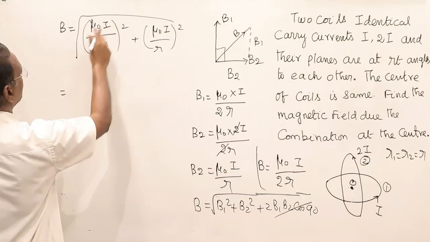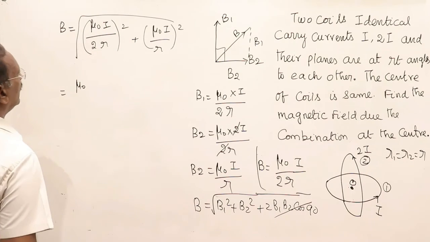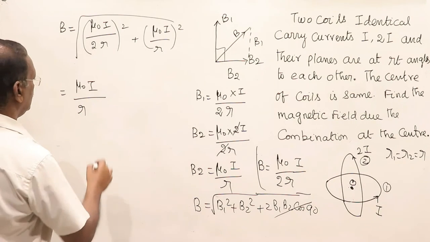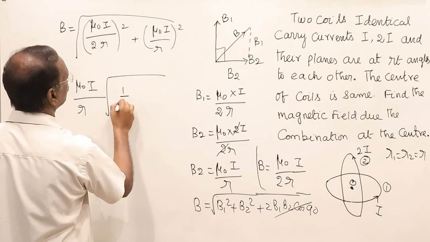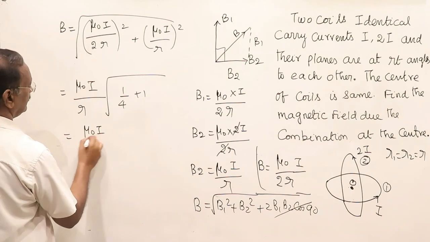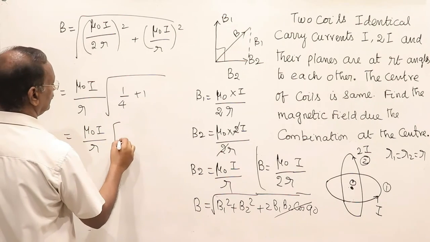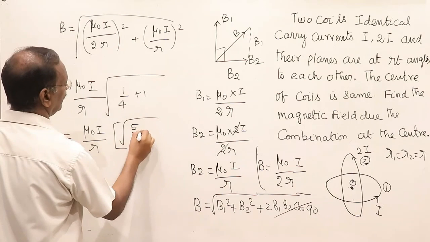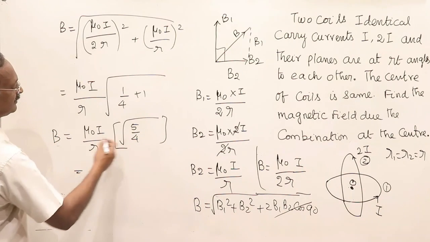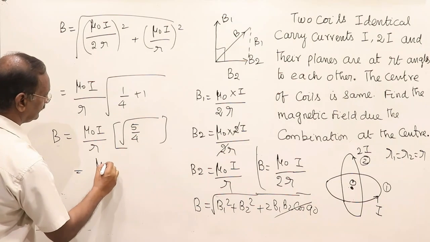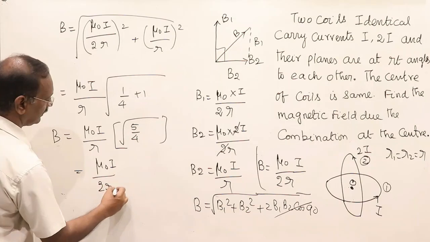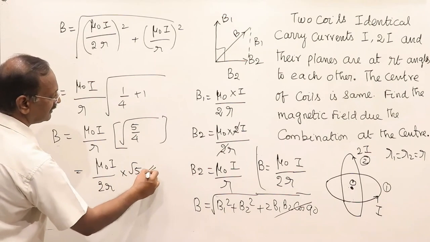We can take mu naught, I and R out, into the square root of 1 by 4 plus 1, which is equal to mu naught I divided by R into the square root of 5 by 4. This is the resultant magnetic field. We can write it as mu naught I root 5 divided by 2R, since root 4 becomes 2. This is the resultant magnetic field.